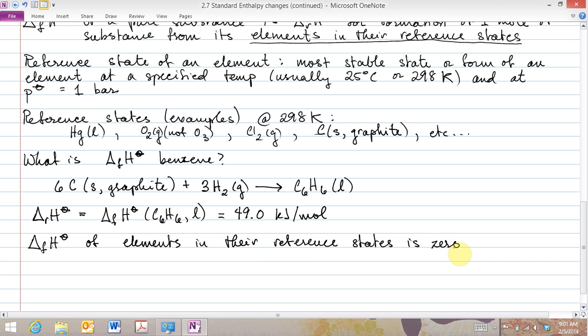So you may be wondering, well, if the enthalpy of formation of carbon in its reference state is 0, and that of hydrogen in its reference state is 0, how is it that when you add these together, they give you a compound that has a standard enthalpy of formation that is not 0?